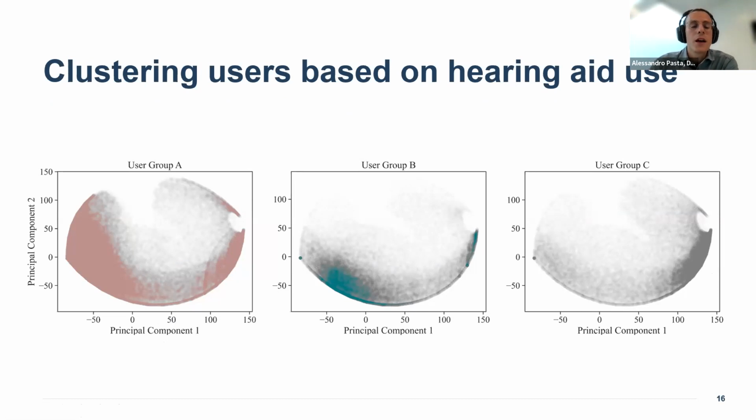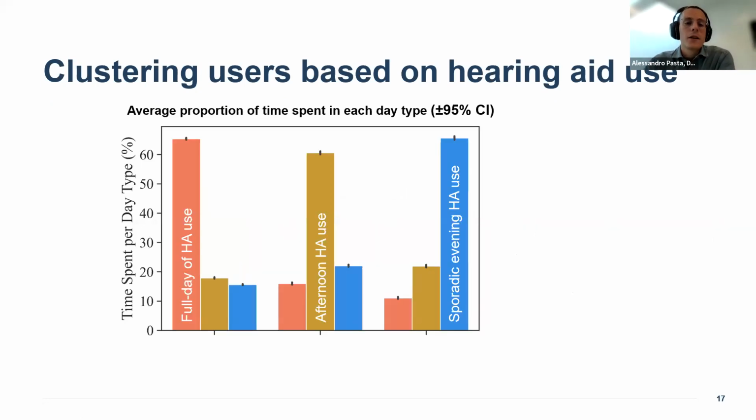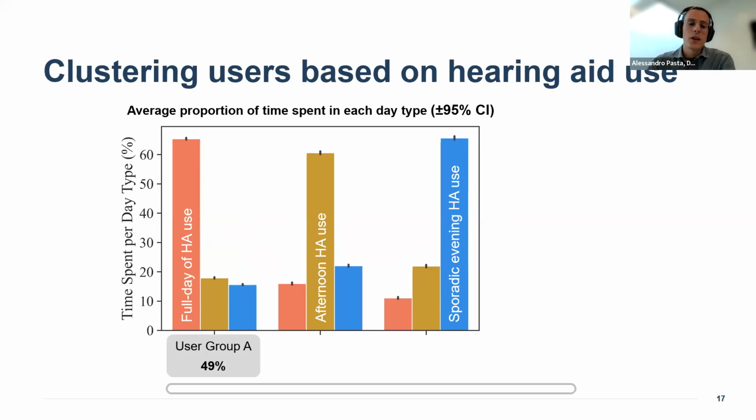And if you look at the average for each user group, we can look at the proportion of time spent in each of the 3 day types per user group. And we can see that the first user group A accounts for almost 50% of our users and groups users that predominantly had full days of hearing aid use.